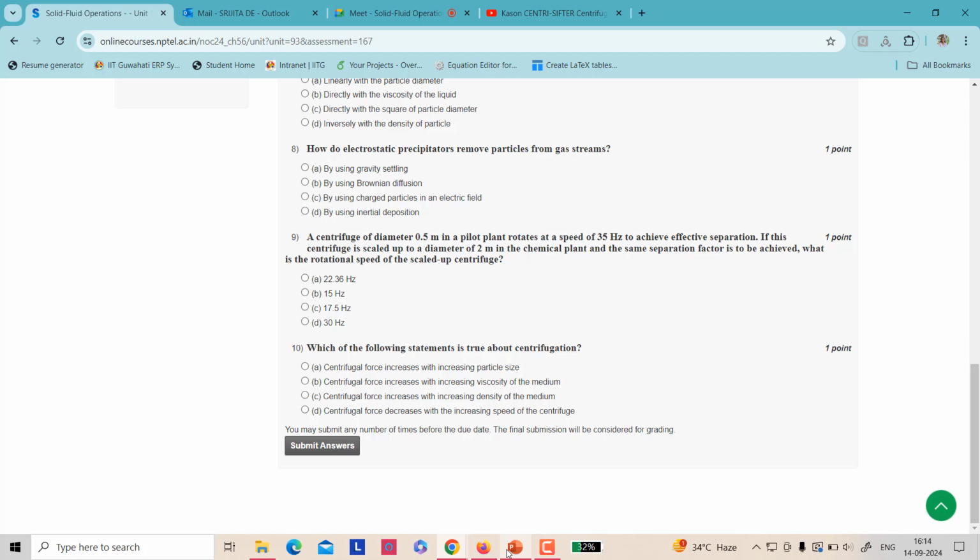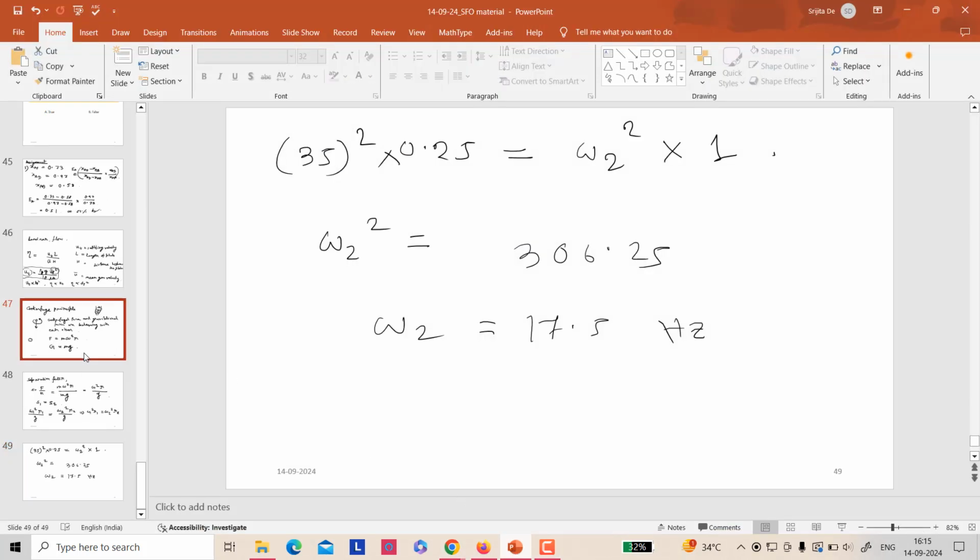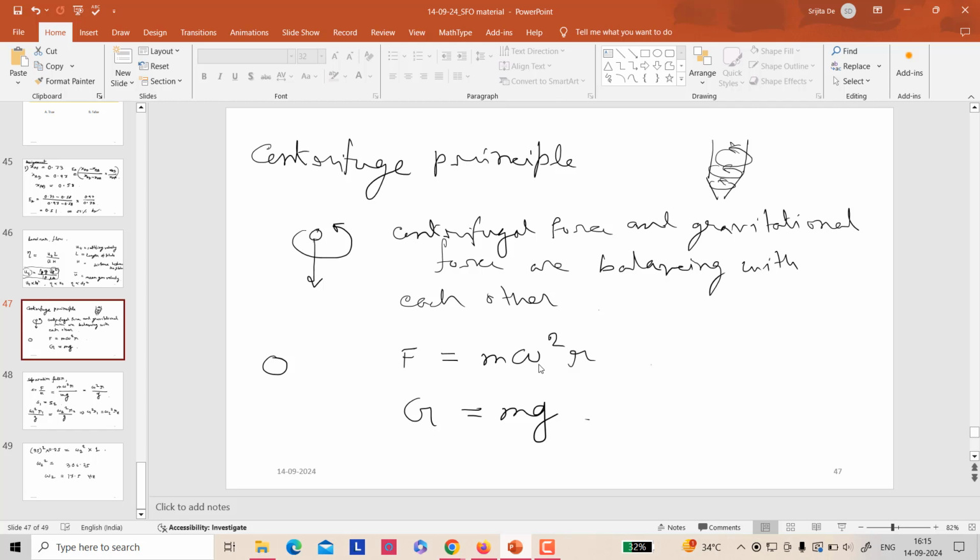Next is, ma'am, my answer: centrifugal force increases with increasing viscosity of the medium. The options are that centrifugal force increases with increasing particle size, viscosity of the medium, density of the medium, or speed. Option A will be the correct one, I think, because centrifugal force is m omega square r, right?